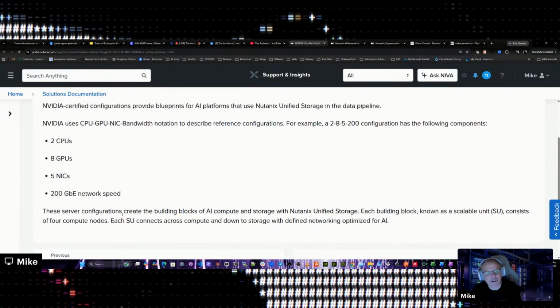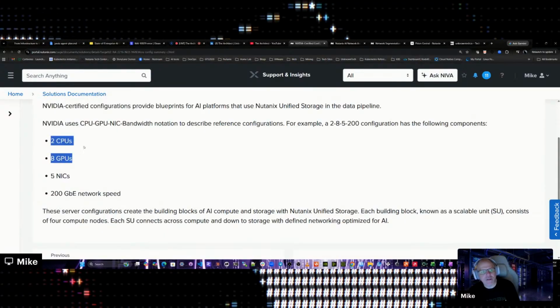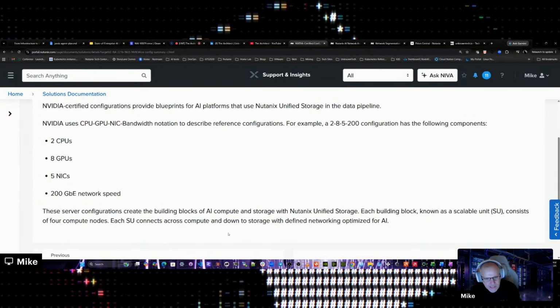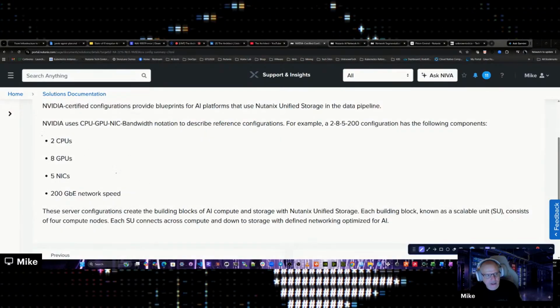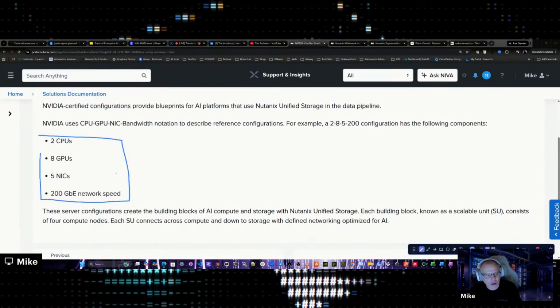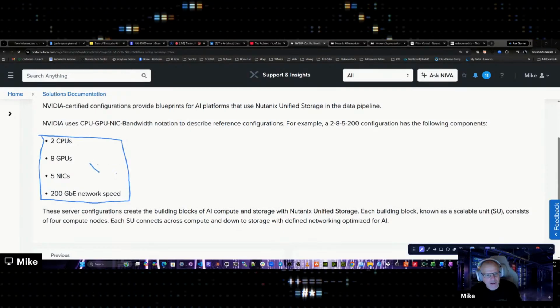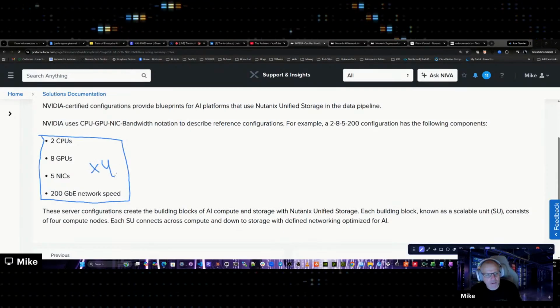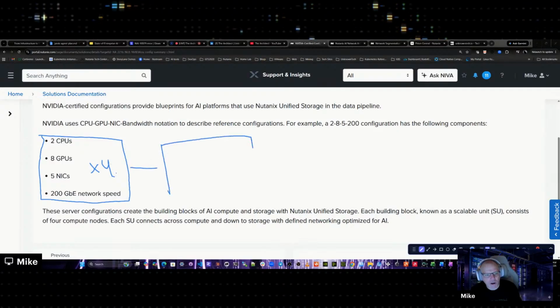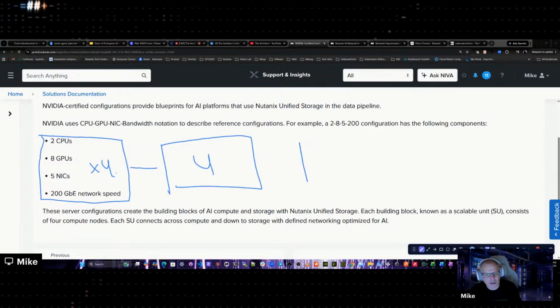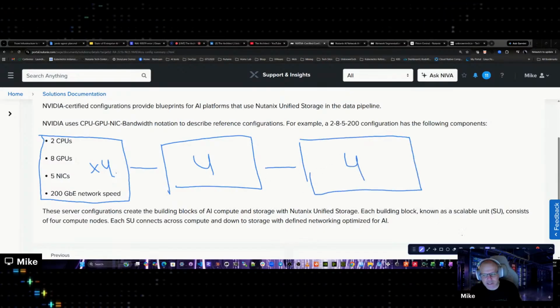I want to make that very clear. A scalable unit isn't a single server. In the NVIDIA design, a scalable unit is a quantity of 4. So this is a server, times 4. And as you scale, you will scale by 4. So 4 more, 4 more. That's the scalable unit. That's how you will scale this out.